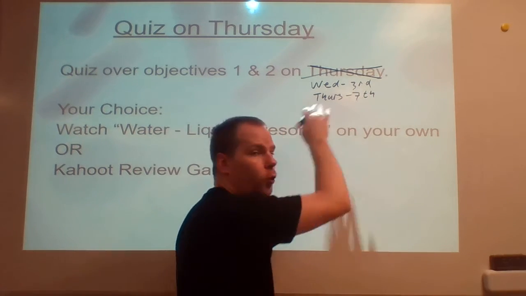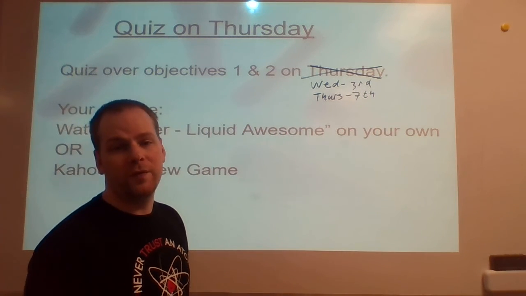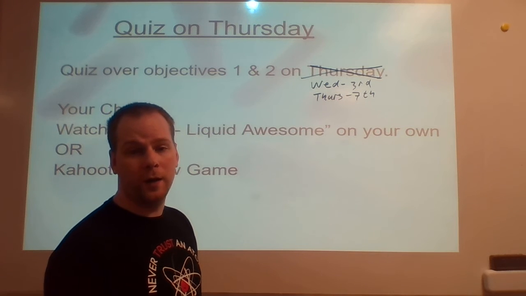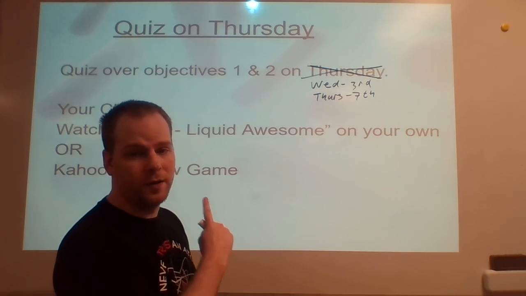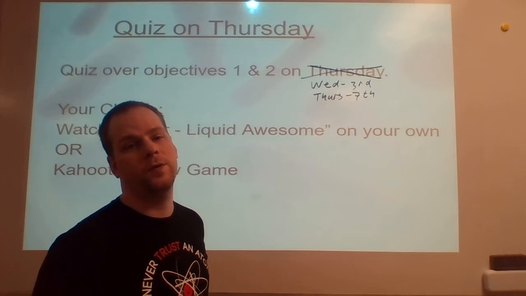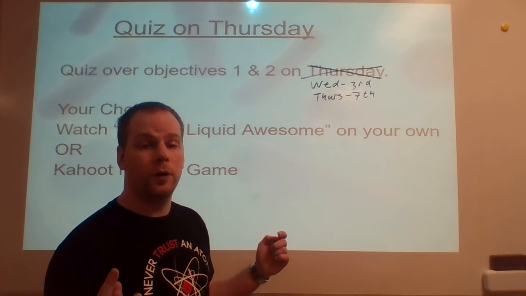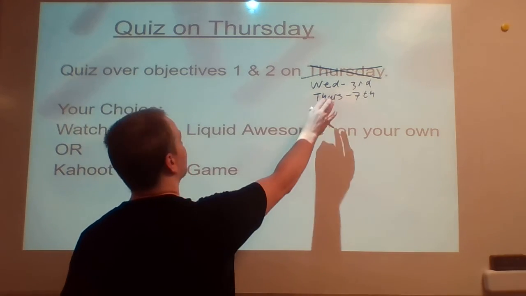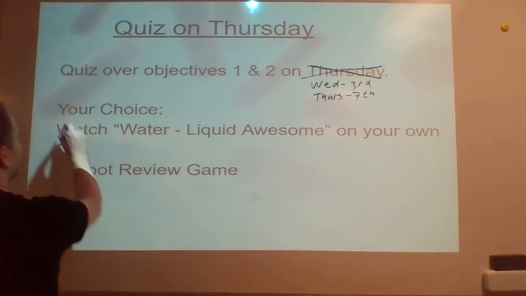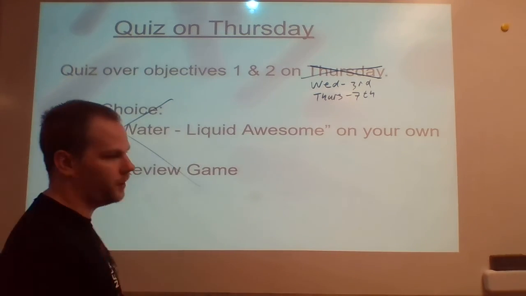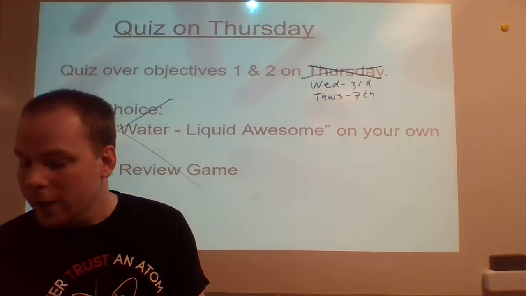This is because of homecoming. 7th hour did not meet on Thursday or on Friday, so you guys haven't taken these notes yet as of the making of this video, but 3rd hour took them on Friday. So that's why the quizzes are slightly different. And we're not doing this. It's just going to be a Google Forms quiz.